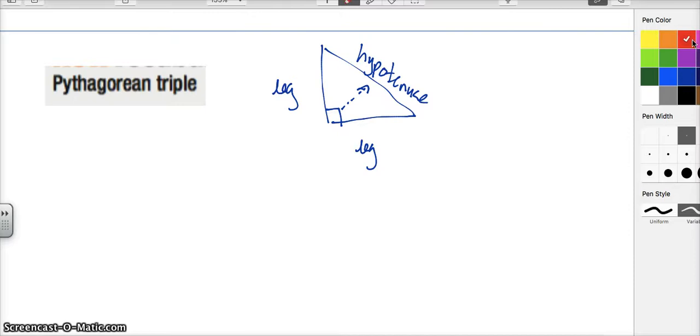We refer to each side with a letter. A and B can be used for the legs interchangeably, and C is used for the hypotenuse. Anytime you have a right triangle, the sides will relate this way: A squared plus B squared is equal to C squared.